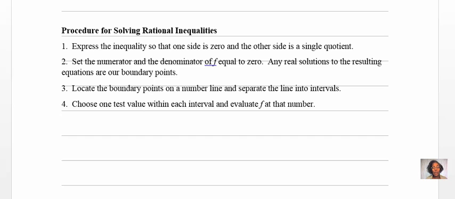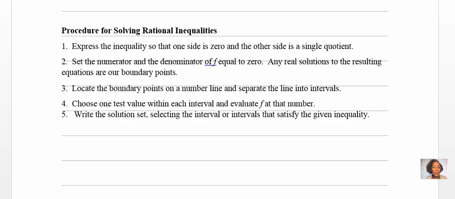This test value is going to represent all the numbers in the interval. Fifth, we're going to write the solution set based upon the true results from step 4.